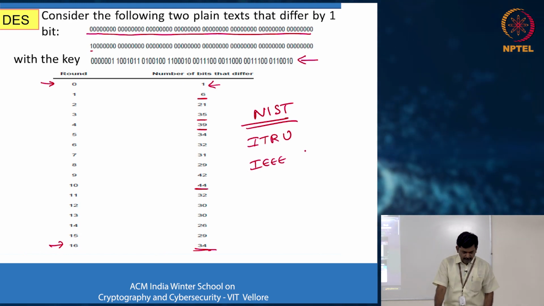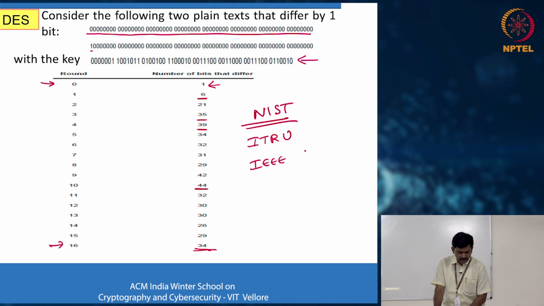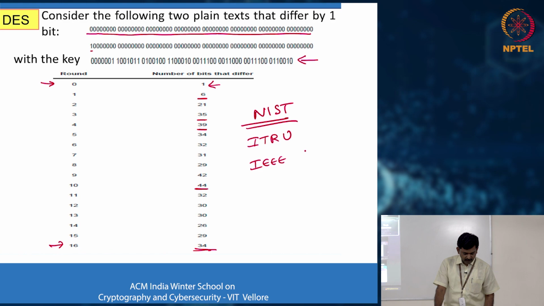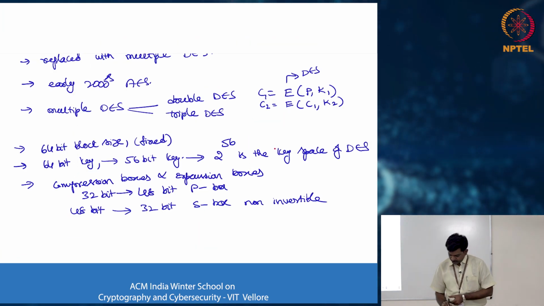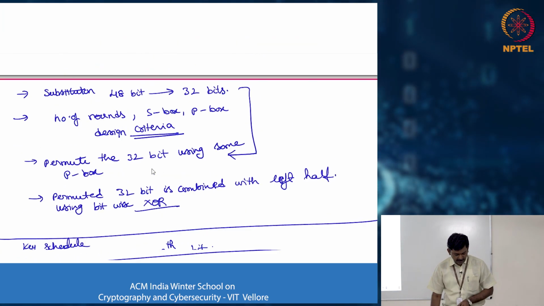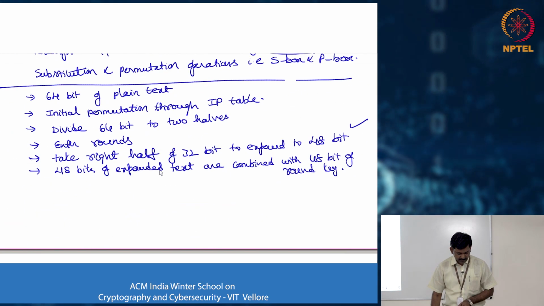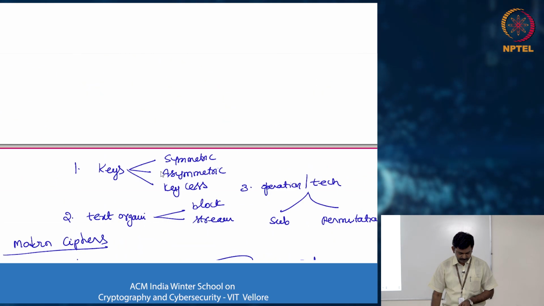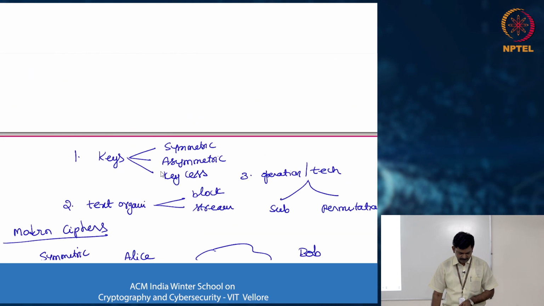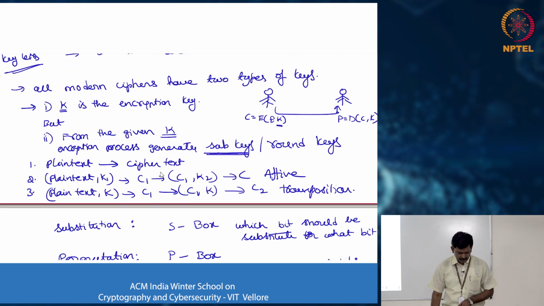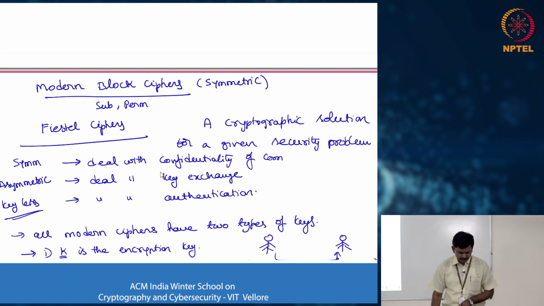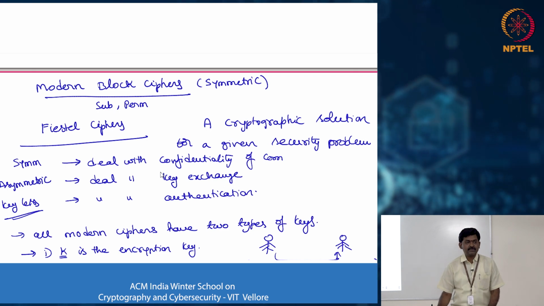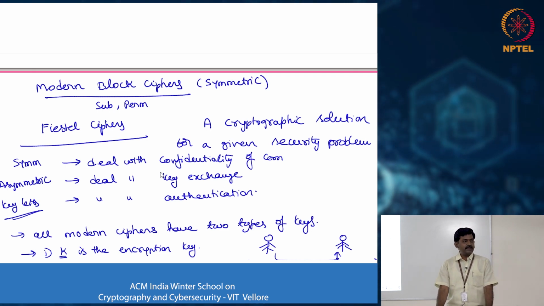Once you have understood these aspects, in the very beginning I said that when I am coming out with a crypto solution for a given security problem, what should I have?